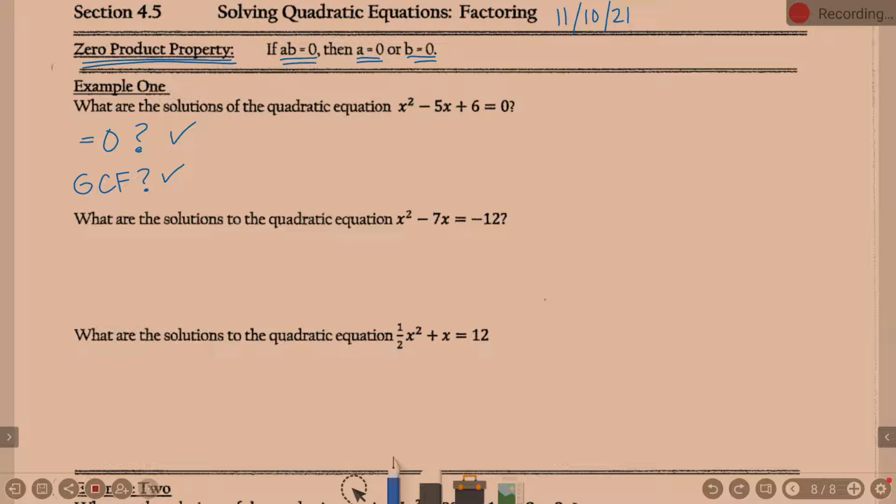Okay, so we asked ourselves those questions. I really shouldn't put a check there, should I? That doesn't make sense. Is there a GCF? No. That makes better sense. Okay, so it's all about factoring today. How do I factor x squared minus 5x plus 6? This could have been on the quiz you should have been taking right now.